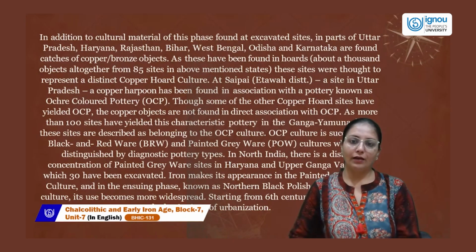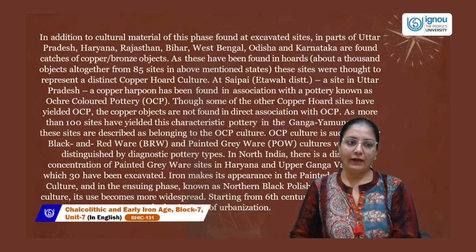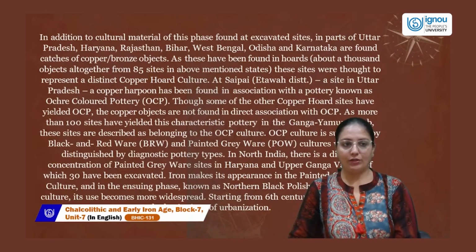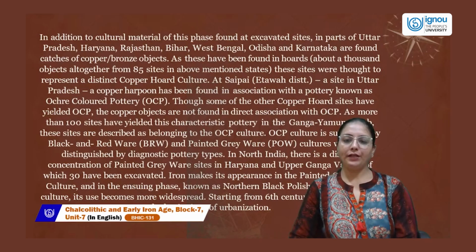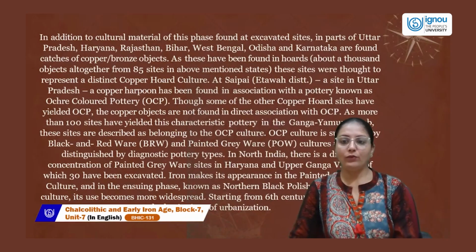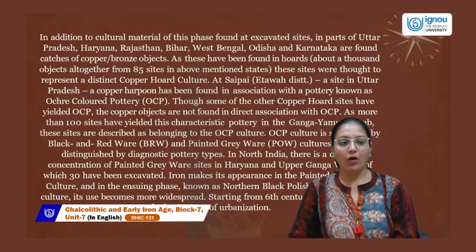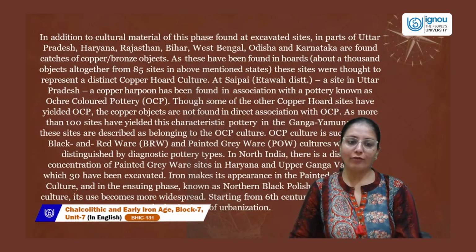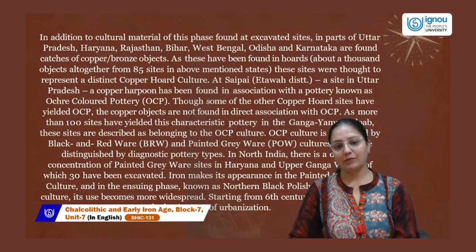Now we are going to start with ochre colored pottery, OCP. In North India, there is a distinct concentration of painted grey ware sites in Haryana and the Upper Ganga Valley, of which 30 sites have been excavated.